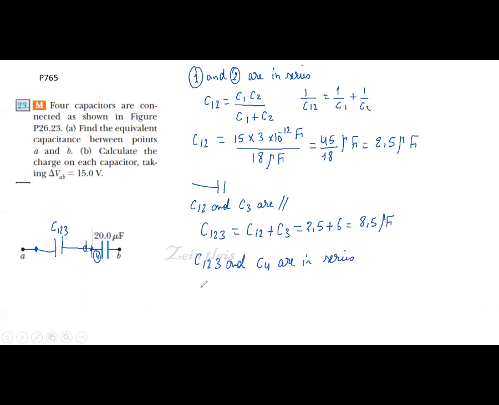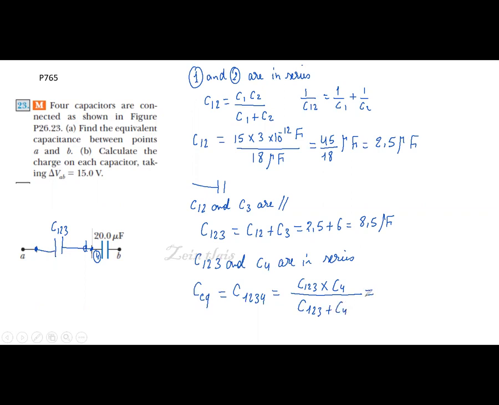If you want to calculate the total equivalent between A and B, C equivalent, which is equal to C1234, equals C123 times C4 divided by C123 plus C4.